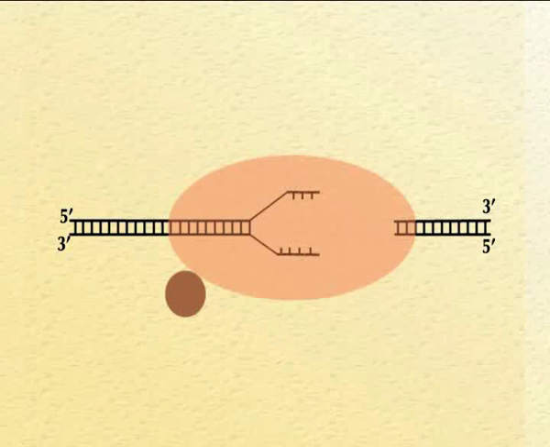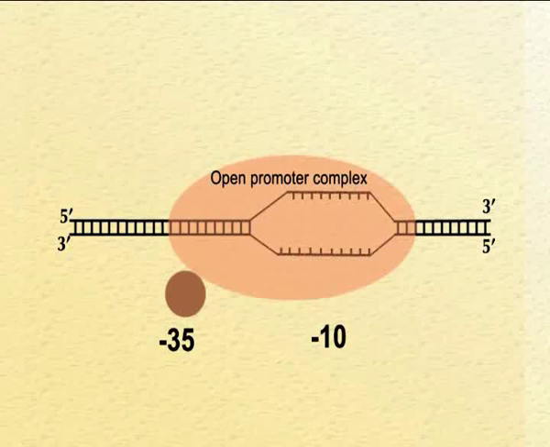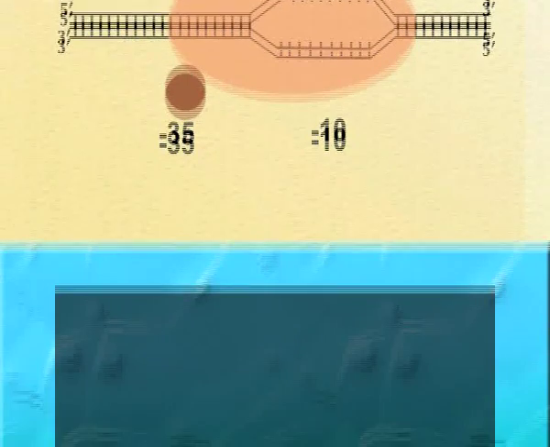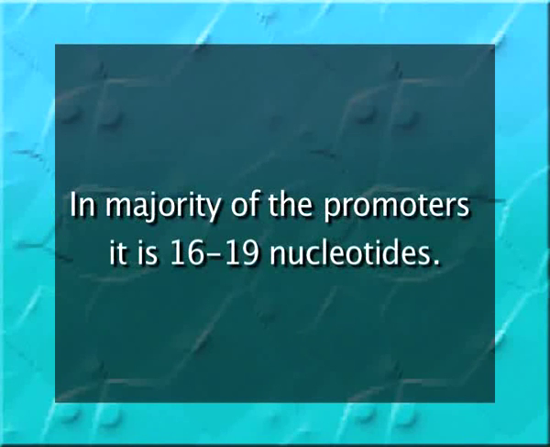Thus, the adenine-thymine region easily gets opened and is involved in the formation of the open promoter complex during the initiation of transcription. The distance between the -10 and the -35 regions varies from promoter to promoter. In the majority of the promoters, it is 16 to 19 nucleotides.